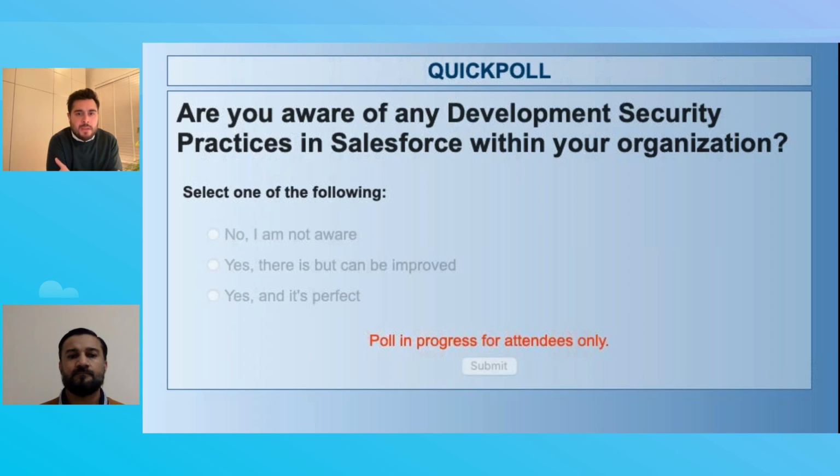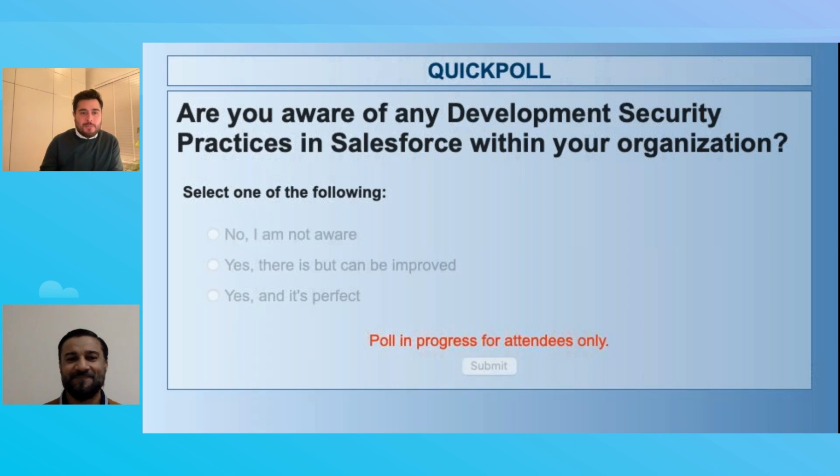So I think we're going to give 30 seconds, I believe, for everyone to answer. By the way, the answers are no, I'm not aware, yes, but it can be improved, and the third, yes, and it's perfect, which I'm very interested to see an answer like that.